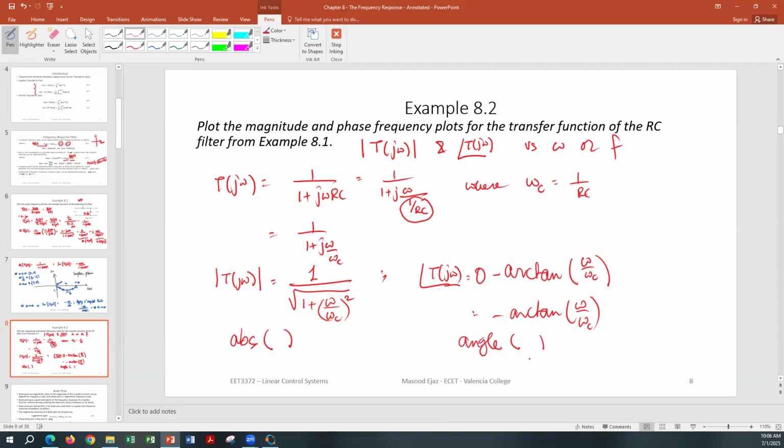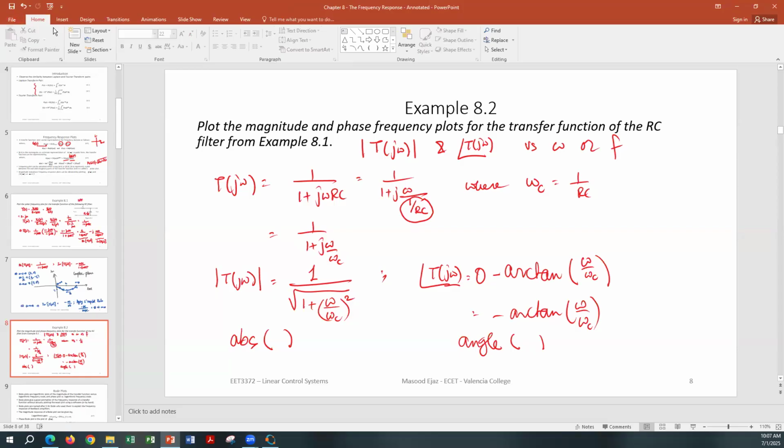Generally we use the abs function and angle function in MATLAB to plot the magnitude response and phase response for different frequencies. But of course, you need to know how to write it. It's just the polar form, rectangular form to the polar form, magnitude and angle. Okay, so let's plot this.